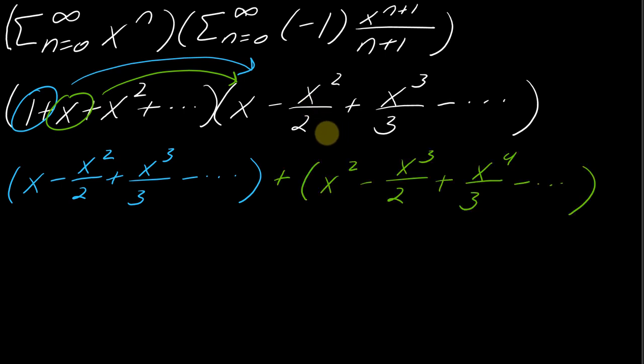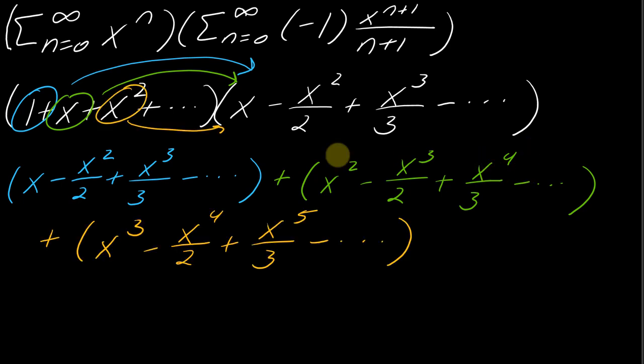Well, x times x is going to give me x squared. x times x squared over 2 will give me x cubed over 2, so on and so forth. And then we can just continue this pattern. I take the x squared times all this stuff, and that'll give me x cubed minus x to the 4th over 2 plus x to the 5th over 3, and so on and so forth. That would probably be our first instinct with multiplying. That's just how you multiply these things.